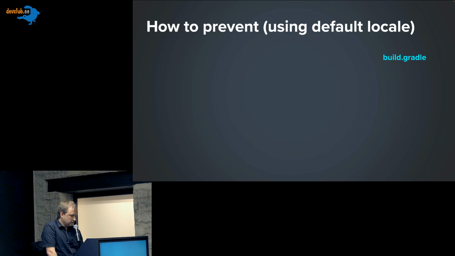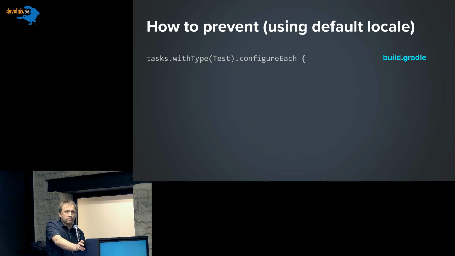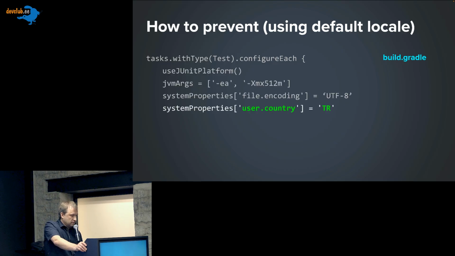One good trick that I found to prevent this problem in future is that I added, to many of my projects, these lines to the Gradle script. So I'm always running tests with Turkish locale.